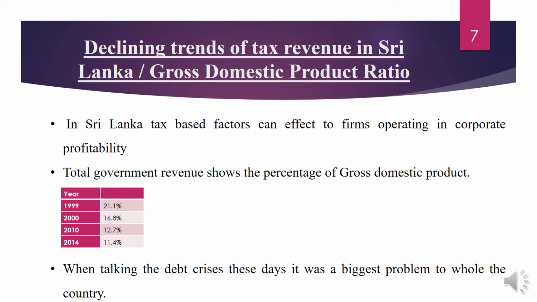When talking about the debt crisis, these days it is the biggest problem for the whole country. According to the current situation, Sri Lanka government debt increased to 70 million in 2021 from 60 million in 2020.